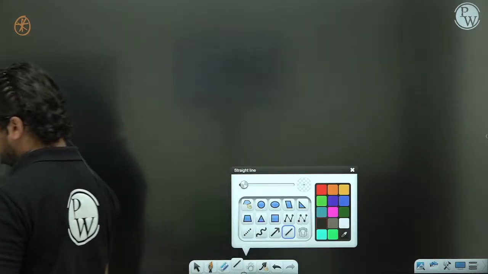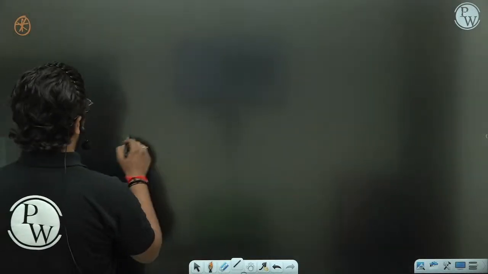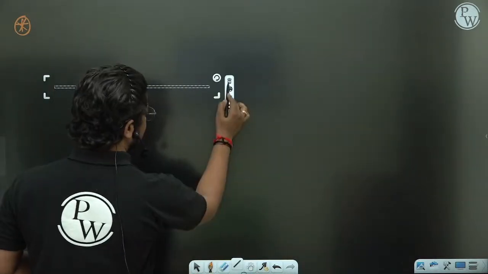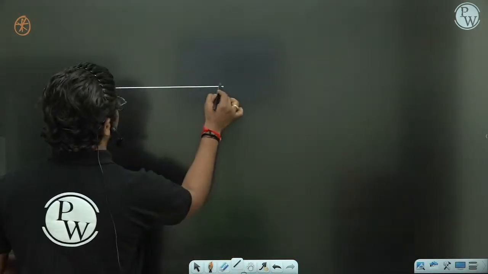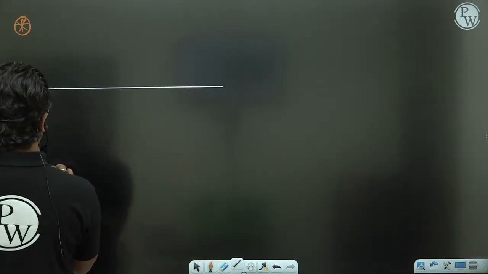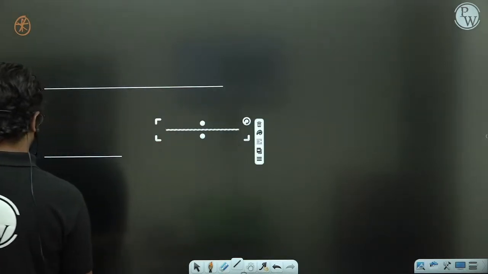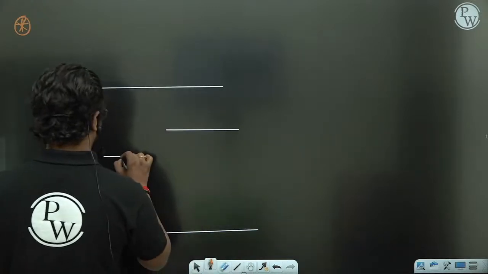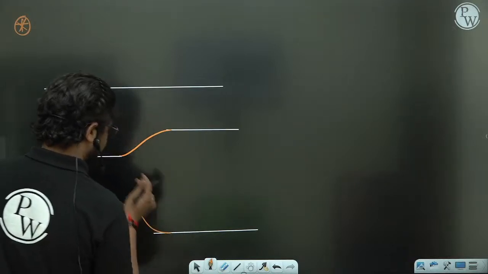For specific energy, three cases you need to remember always. First case, channel bottom is completely horizontal. Second case, hump. Third case, fall.